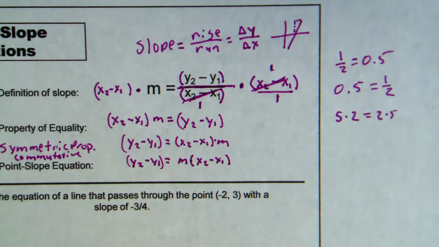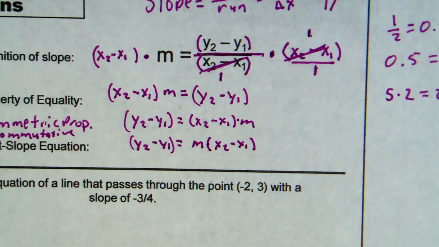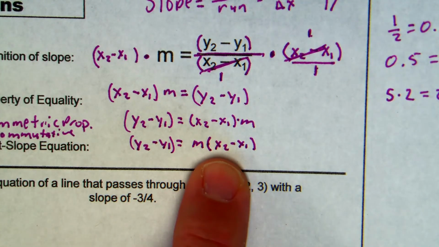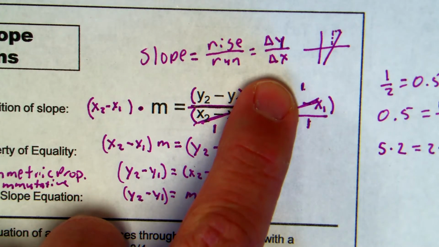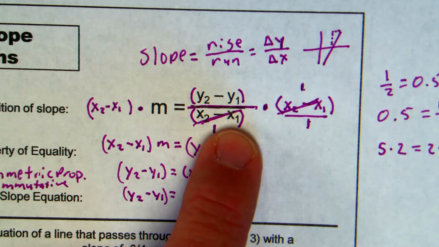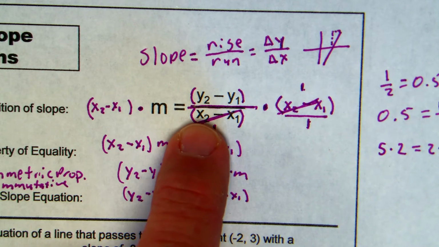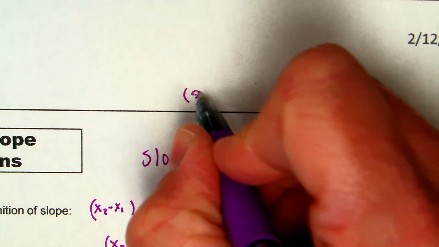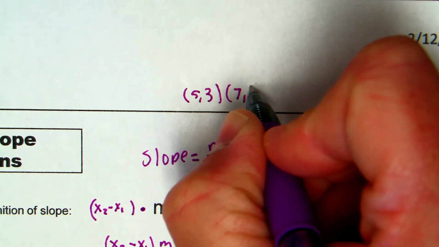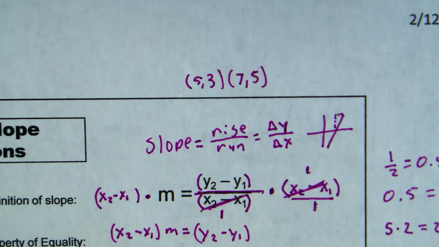I'm going to go one step farther. See how I have x2 and x1? When we did our slope formula way back at the beginning of this unit, we said we call this x2 and x1 because when we calculate the slope, we're given two examples of x's and y's.